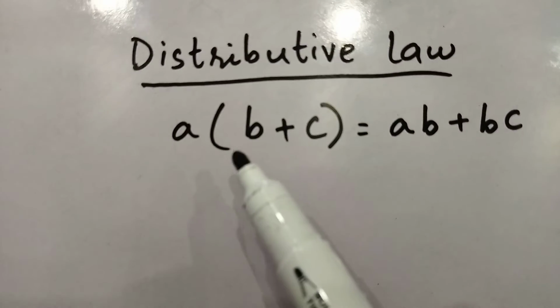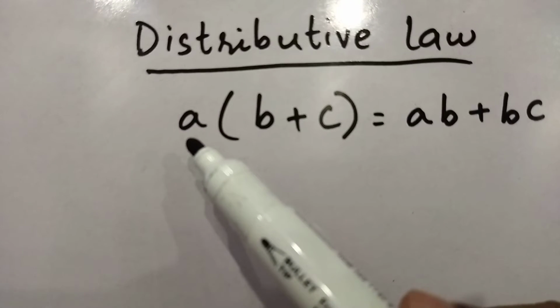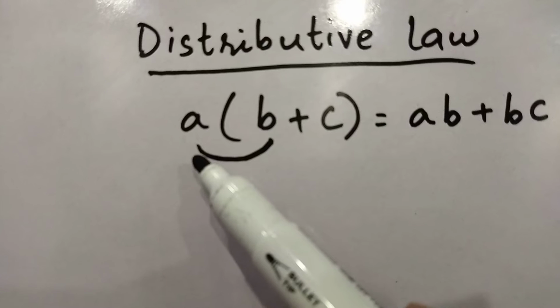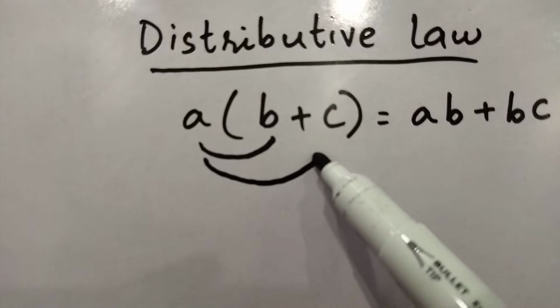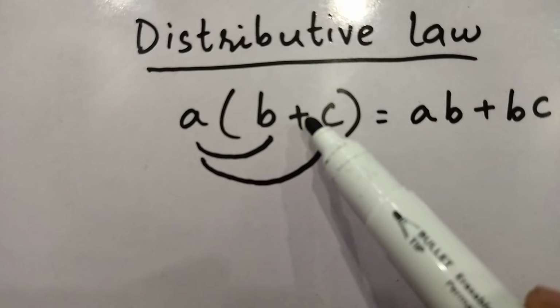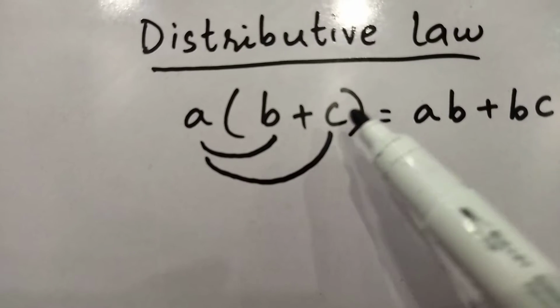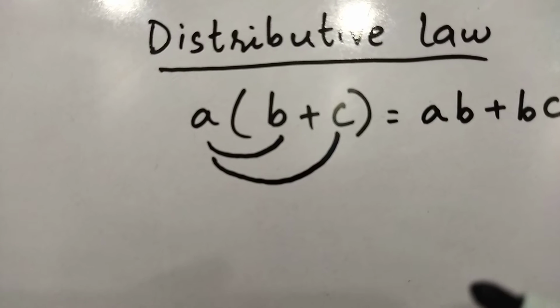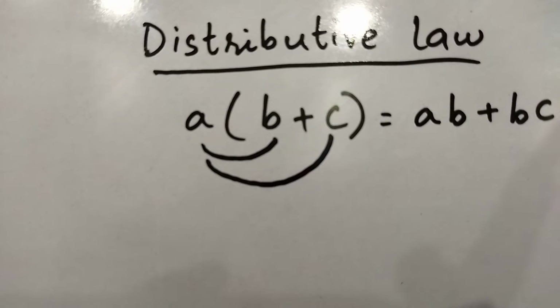So what we are going to do is multiply this A first with this B, and secondly, it will get multiplied with C. So it will give us AB plus AC, right? So this is called the distributive law. In these questions, we are going to apply this law. How are we going to apply this?